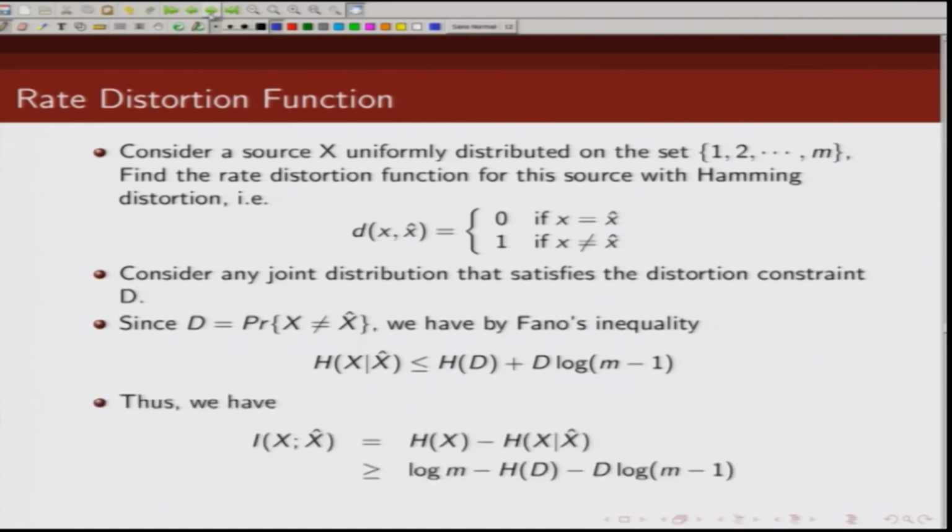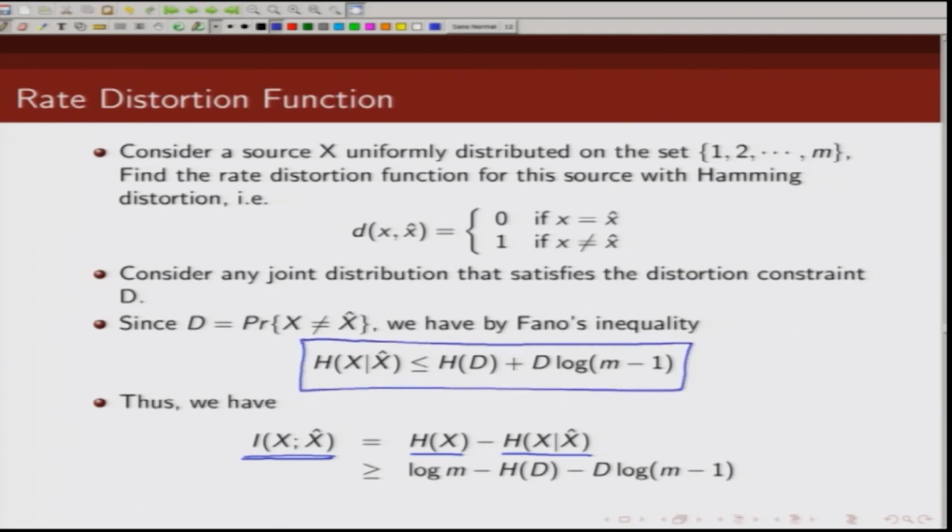Next, we compute the mutual information between x and x hat. This is given by entropy of x minus entropy of x given x hat. Now from Fano's lemma we have an upper bound on h of x given x hat.